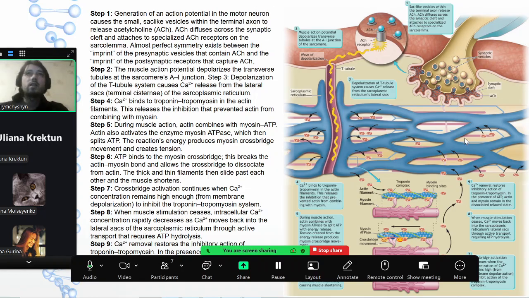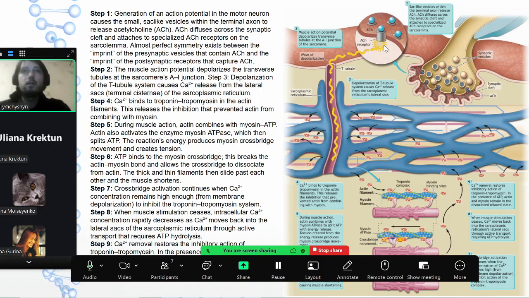Here you see step 1: the generation of an action potential in the motor neuron causes small sac-like vesicles within the terminal axon to release acetylcholine that diffuses across the synaptic cleft and attaches to specialized receptors in the sarcolemma. So here you see this process of the release. This is acetylcholine, that's the synaptic cleft, and here you see the acetylcholine receptor.